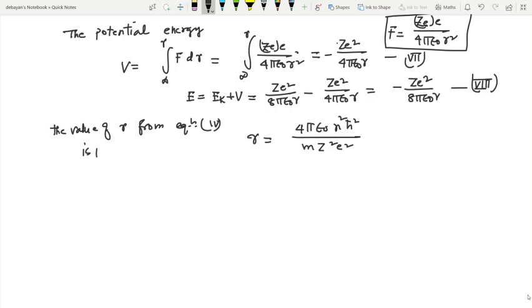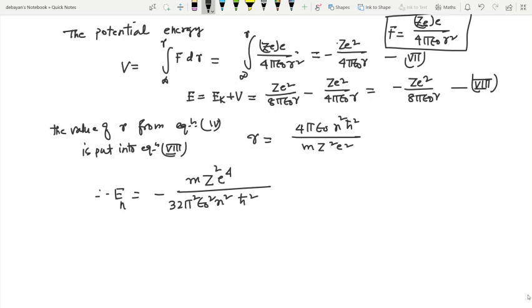From this equation put into equation 8, we get the energy, which can be written as E = -m Z² e⁴ / (32 π² ε₀² n² ħ²). This is what we get for the nth orbit. Written in a simpler form in terms of h, ħ is h by 2π.